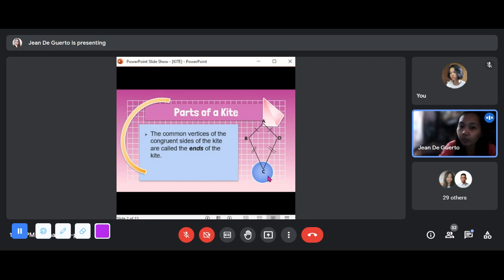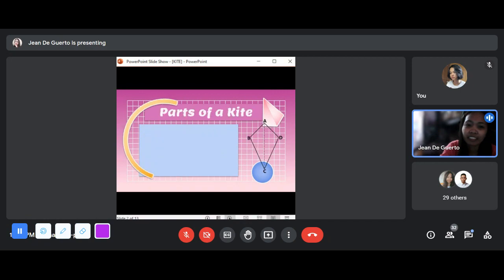So point A and point C are the ends of the kite ADCB. Okay, so yun yung specific name for point A and point C. But for point B and point D, we simply call them vertex. Okay? Pero yung point A at point C, we call them ends. Plural ends.